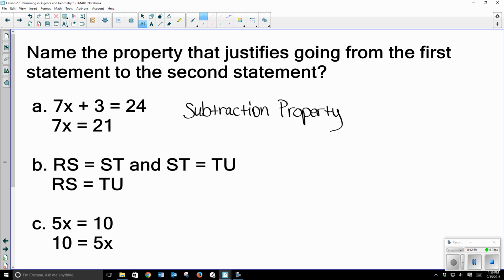Okay. If RS equals ST and ST equals TU, then RS equals TU. How do we go from this step to this step? Which property? Yes, good. Transitive property.